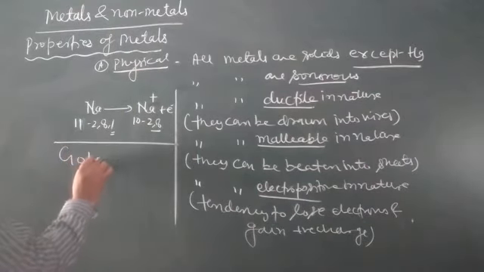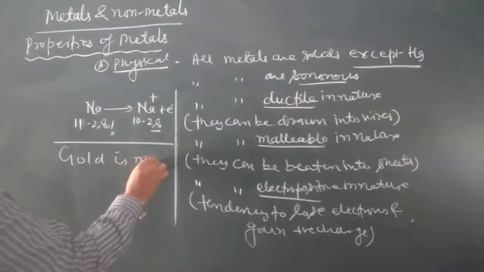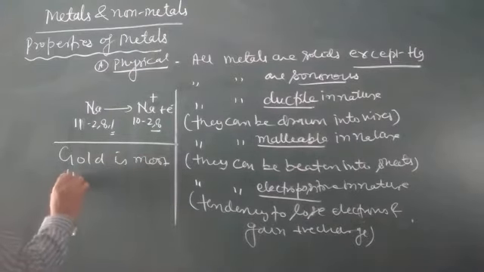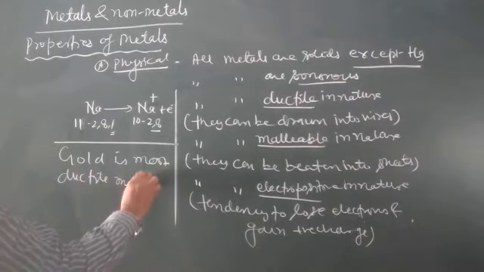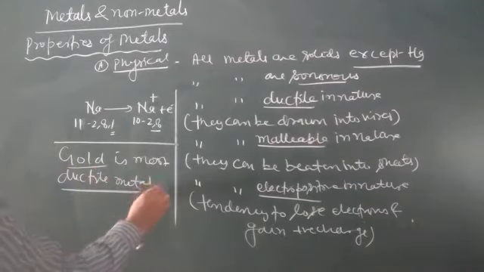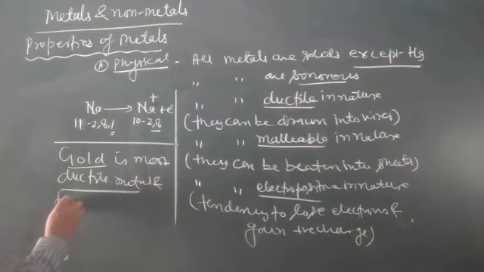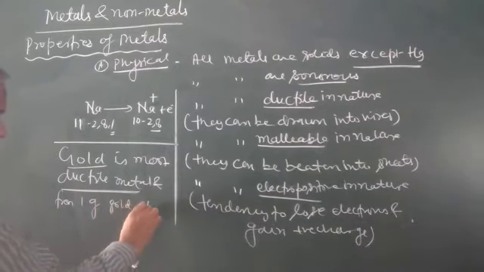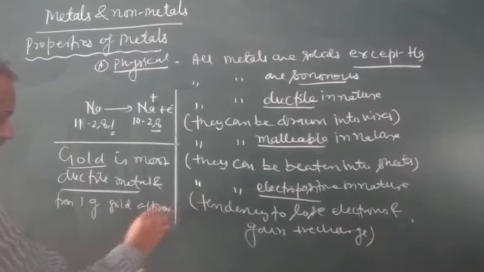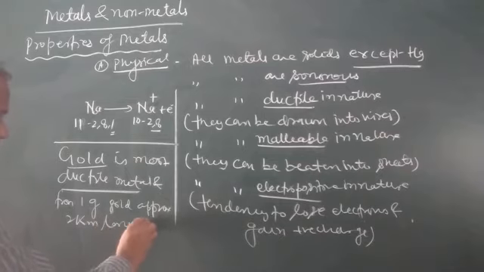Gold is the most ductile metal, and from 1 gram of gold approximately a 2 kilometer long wire can be drawn.